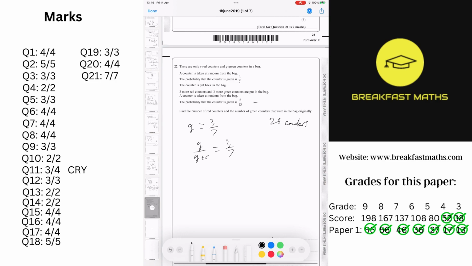We could say greens we add 3 to, and then in total, green plus red, we add 3 green and 2 red, and this all then will equal our value of 6/13. Okay, so this is G plus 3 over G plus R plus 5 equals 6/13.